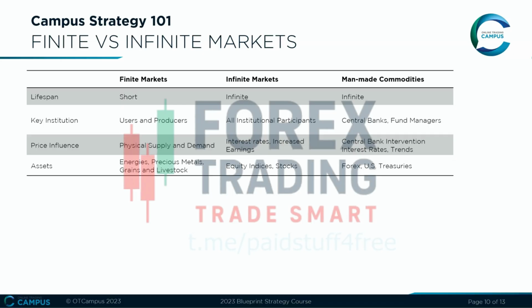Now, it makes sense that the key institutional participants for these commodities are exactly these people, the users and producers of commodities. These will be the guys that you will learn to pay very, very close attention to. We also call them commercials. Commercials usually buy weakness, they sell strength, because they do not speculate like you and I, right?